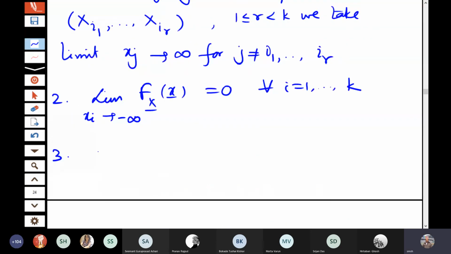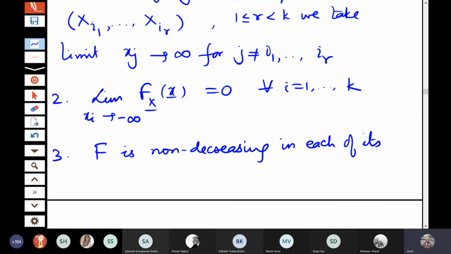Then the third property is that F is non-decreasing in each of its arguments. That means if I keep, say, x2, x3, xk fixed and I increase x1, then F will increase, and so on.